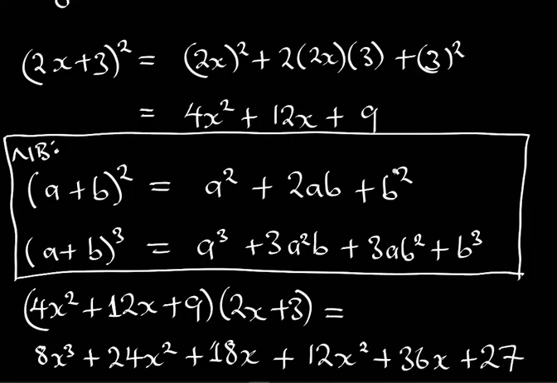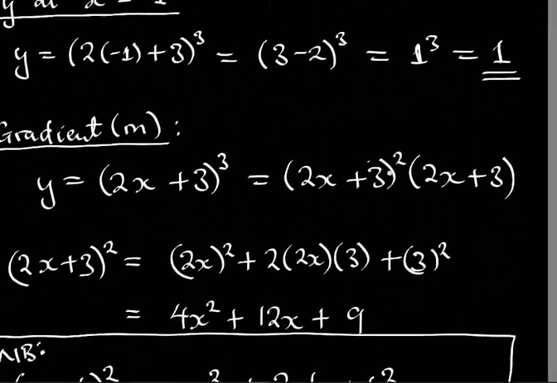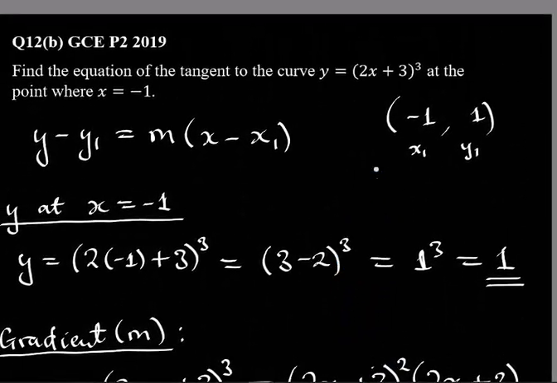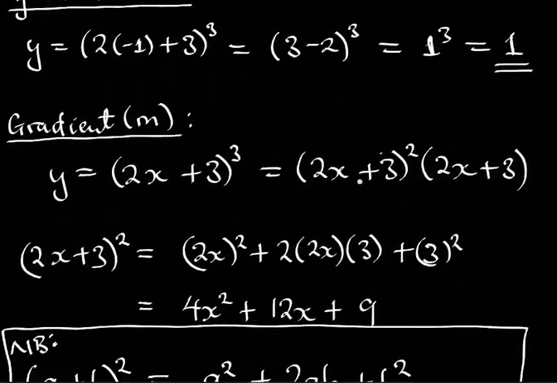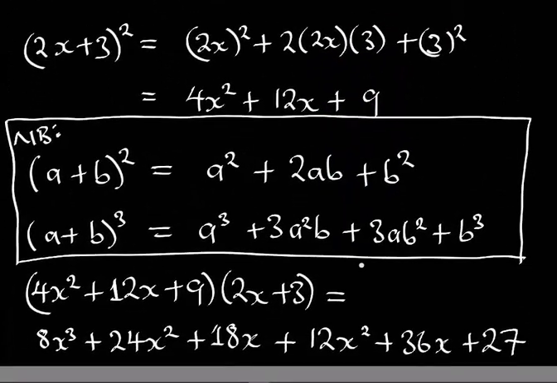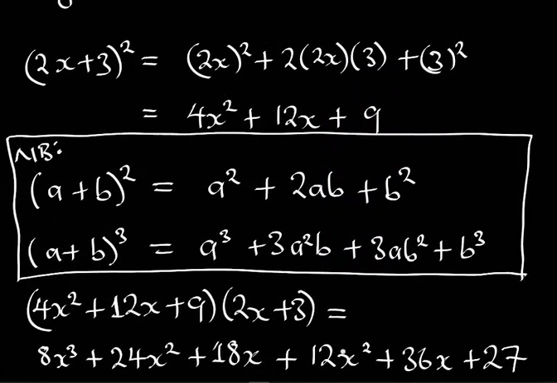So this function here is the function of the curve. Of course, I'm sure there's something we can simplify. You can see some x squared terms there, so we surely can simplify this. We can write it as 8x to the power 3.